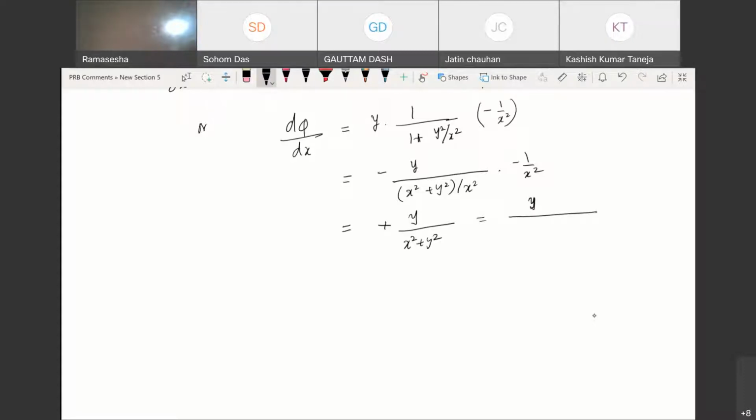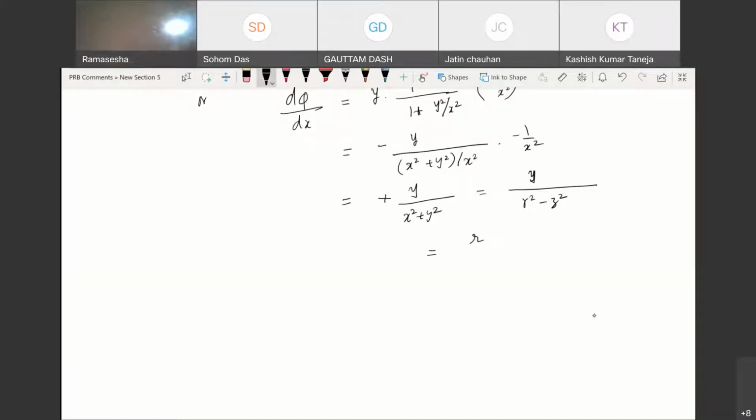So that will be equal to y divided by r squared minus z squared, or that's equal to, what is y? y is equal to r sin theta sin phi divided by r squared minus r squared into sin squared theta.